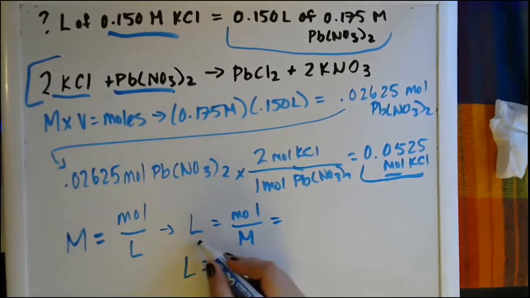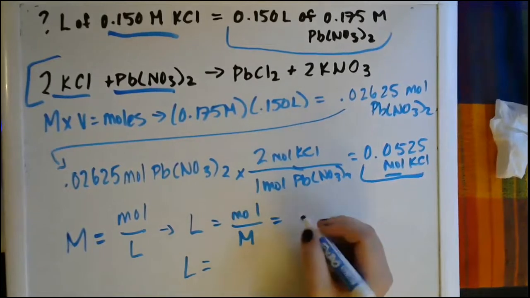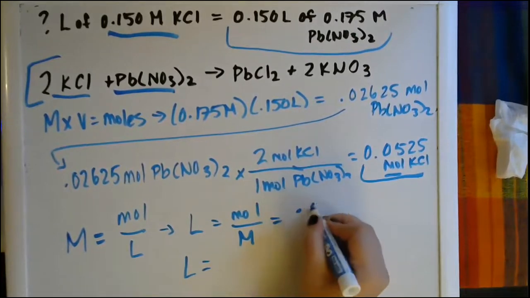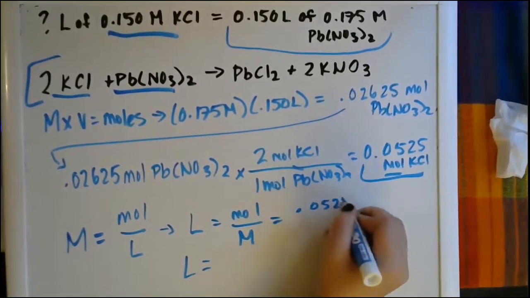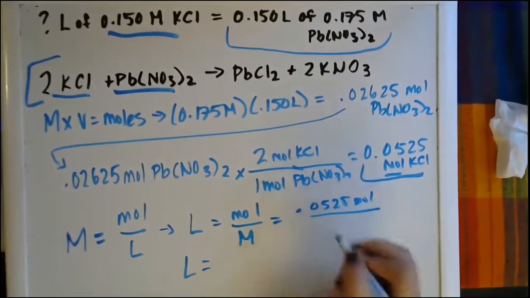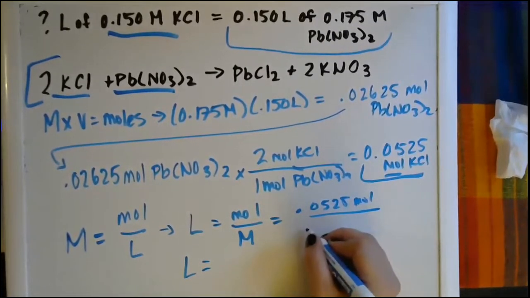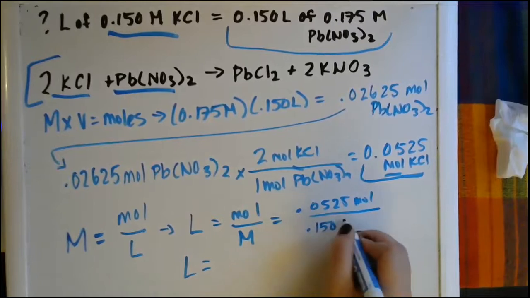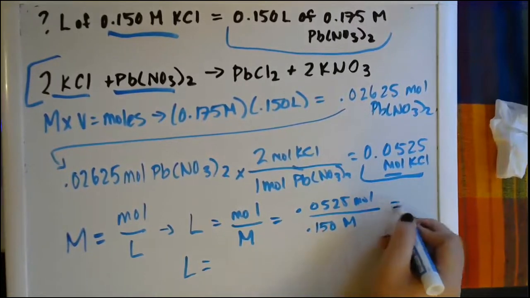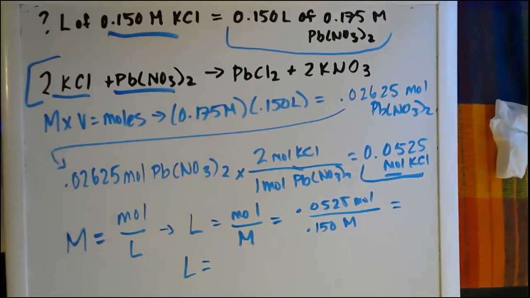To find the liters, I'm going to take the moles and divide it by the molarity, obviously. So that's 0.0525 moles over 0.150 moles per liter. And that gives us a volume of 0.35 liters.